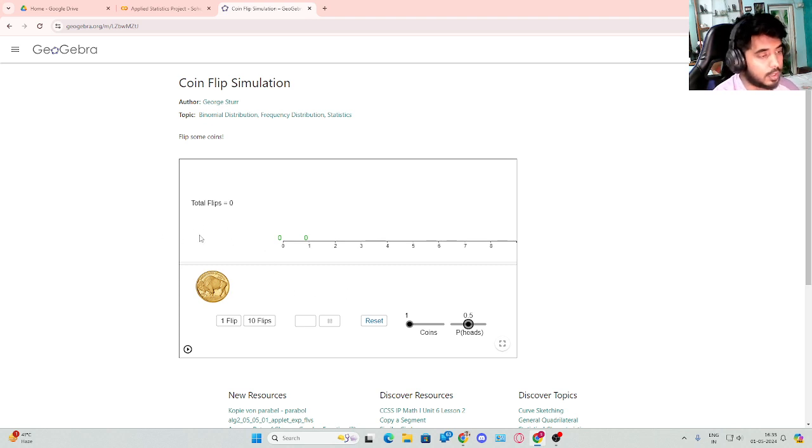So let's first define what is the law of large numbers. The law of large numbers states that in a random experiment, when we are increasing the number of trials, for a large number of times, what happens?